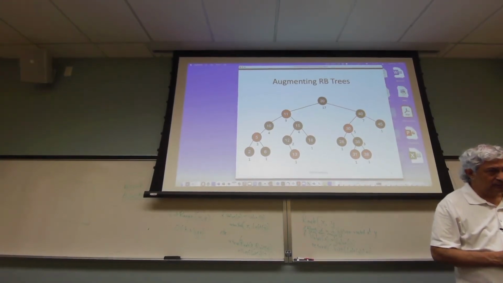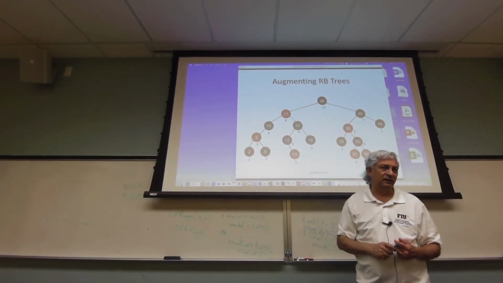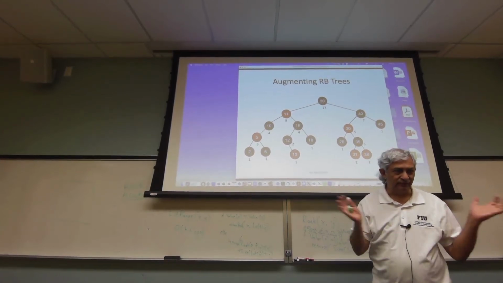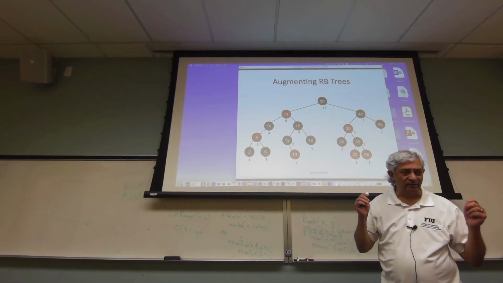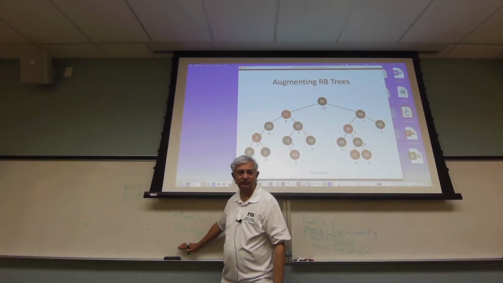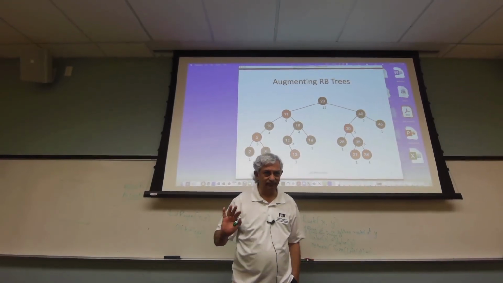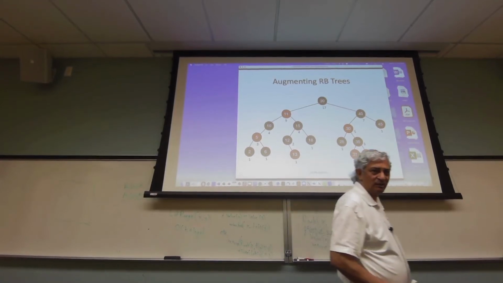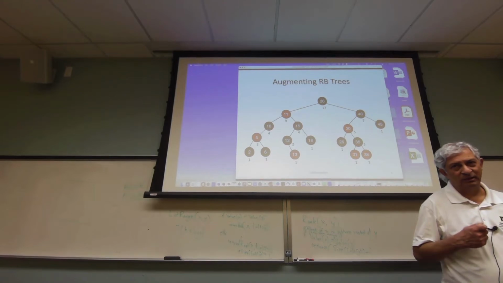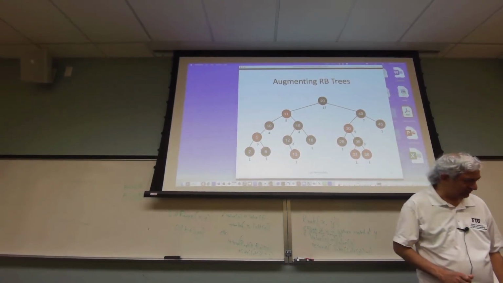Okay, so I am now adding size information, and I'm also adding next and previous pointers. And if I do this, I can achieve listing out everything within a range in k plus log n. Is that clear? All good? Anyway, I don't want to get into those details for now.